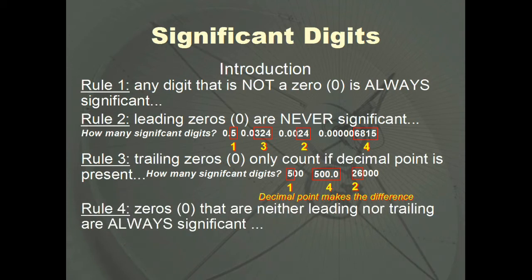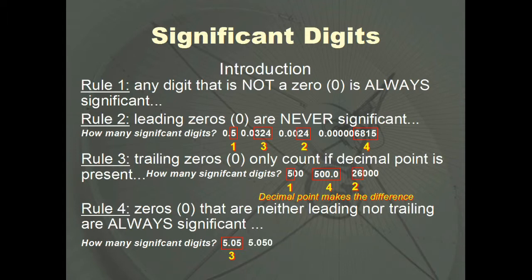Zeros that are neither leading nor trailing are always significant. What does that mean? Another example. How many significant digits are in 5.05? Well, that 0 is neither trailing nor leading, but is sandwiched between 2 significant digits. Hence, it becomes significant. I have 3 significant digits in that number.